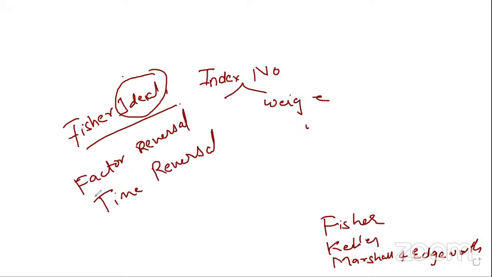Since it qualifies both of these tests, we call it an ideal index. Now, first things first, what is Fisher ideal index? It is the geometric mean of Paasche and Laspeyres price index. Geometric mean is the Fisher index.